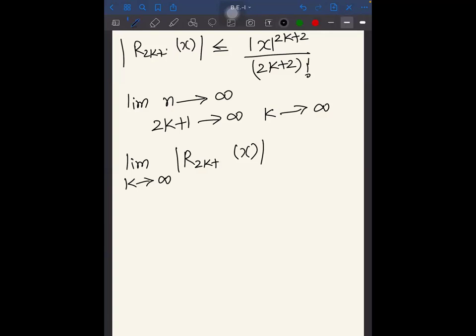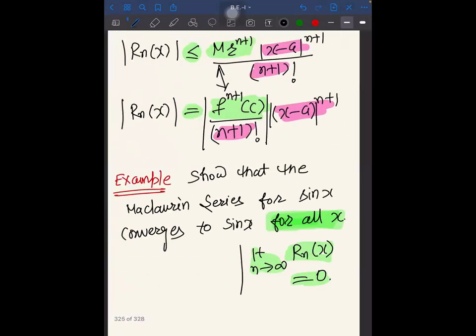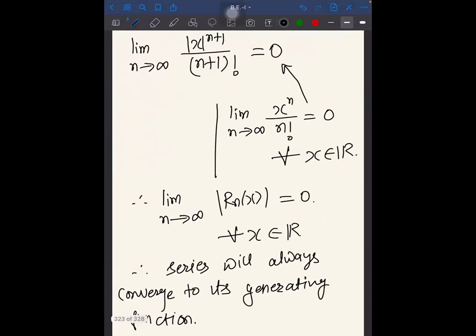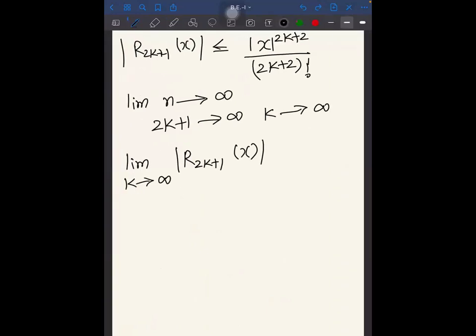Okay. Right? Fair enough? So again, by the same argument which we have used over here, ये इसमें भी यही यूज किया था ना, कि ये लिमिट क्या होती है? 0. Right? So we'll use the same argument over here. So this will also go to 0. Yes, sir.